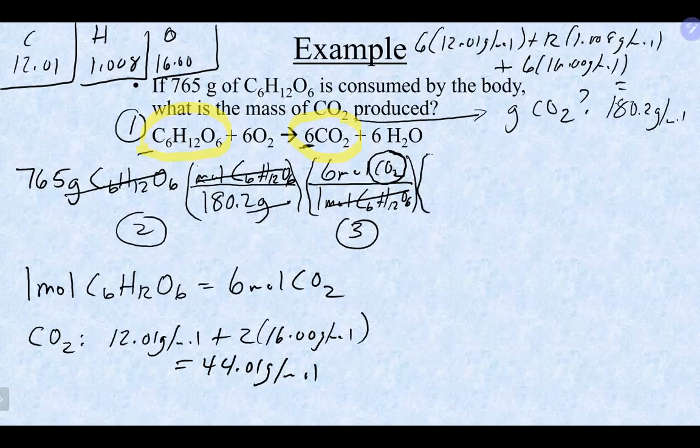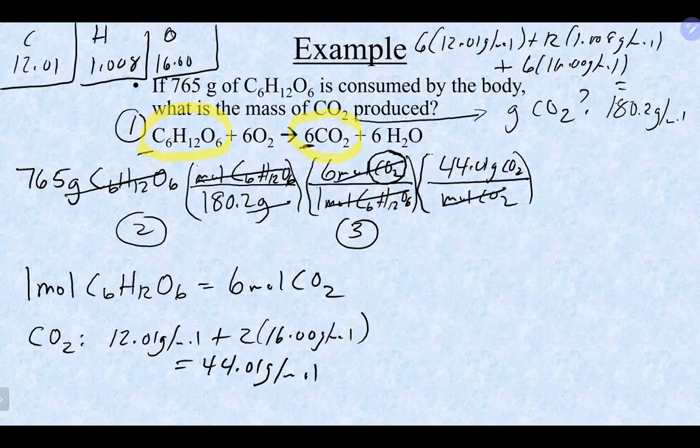What we have right now in our calculation is moles of CO2 up on top. So to cancel it, we're going to go opposite and put the moles of CO2 on the bottom, and the 44.01 grams of CO2 up on top.